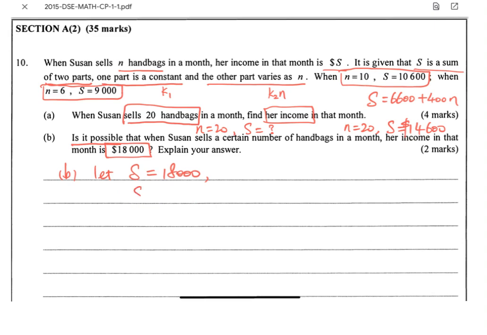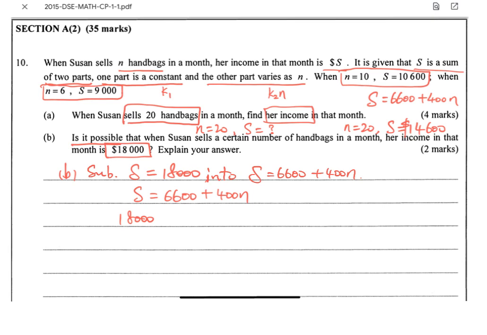Because S equal to 6,600 plus 400n, that's what we get in part A. So now when S equal to 18,000, we can just substitute S equal to 18,000 into S equal to 6,600 plus 400n.